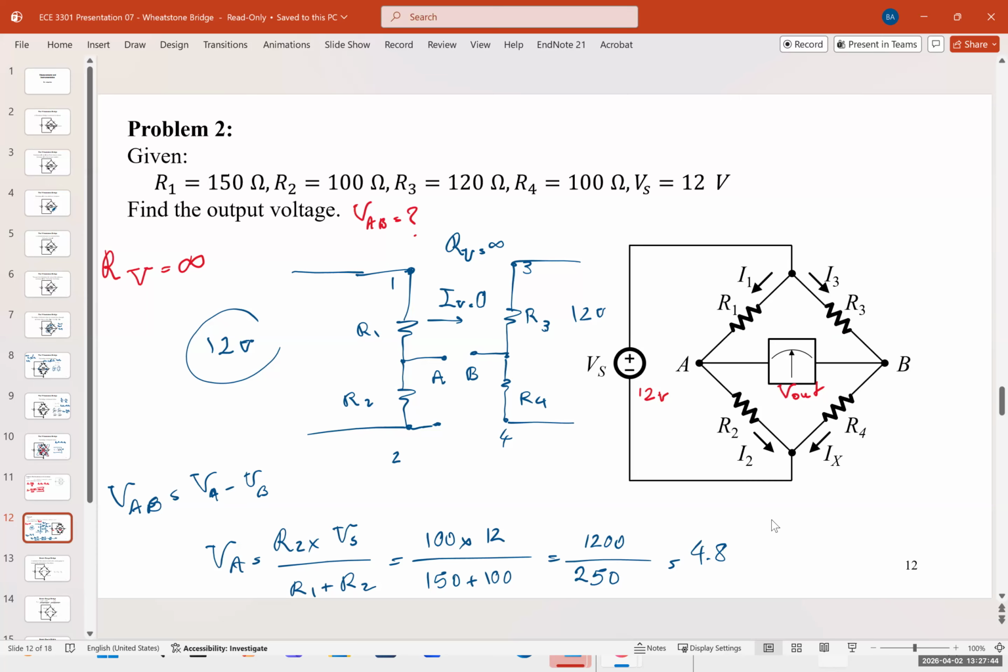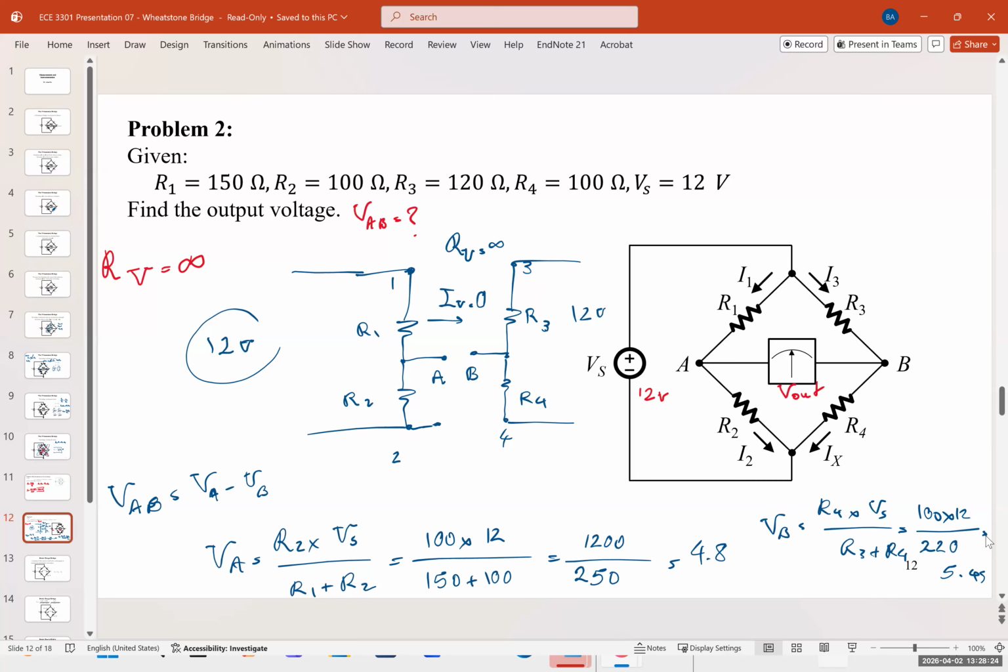Now, if I want to find VB the same way, it's going to be R4 times VS over R3 plus R4. And what is R4? It's 100, times 12 over R3 plus R4, which gives us 220. So this one would be equal to 1200 divided by 220, which gives us 5.45.